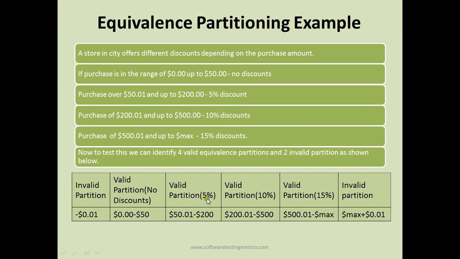And for 5% discount, if you enter any value between 50 and 200, you should get 5% discount. If you enter any value between 200 to 500, you should get 10% discount. And if you enter any value between 500 and less than maximum, you should get 15% discount.